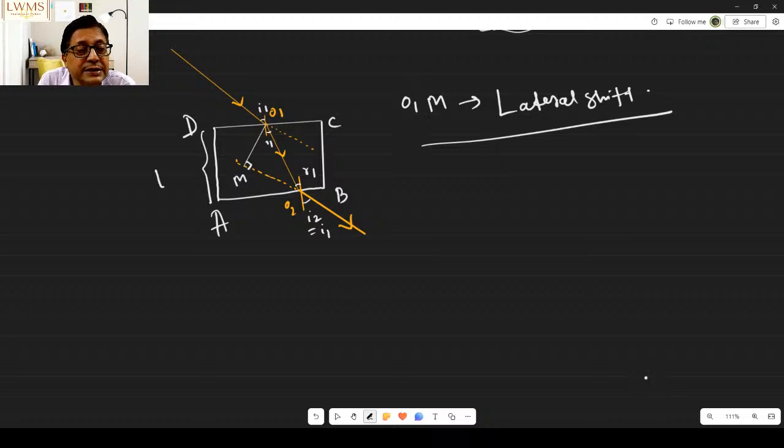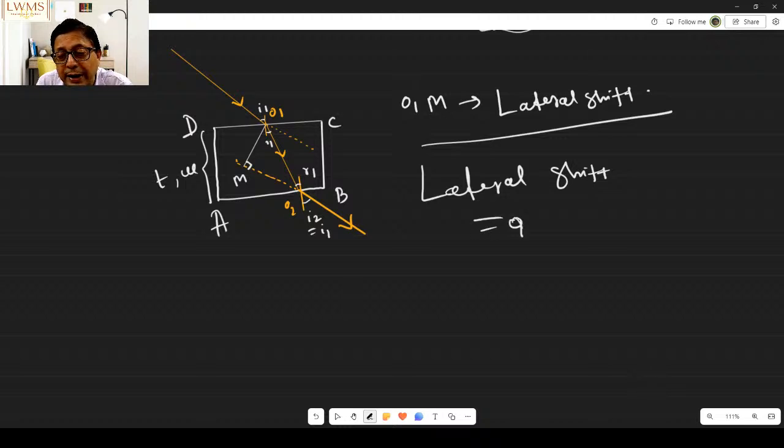Thickness is D. Refractive index is mu. Clear? So the expression for lateral shift is O1m, that is the perpendicular distance between these two directions. This O1m is called lateral shift.